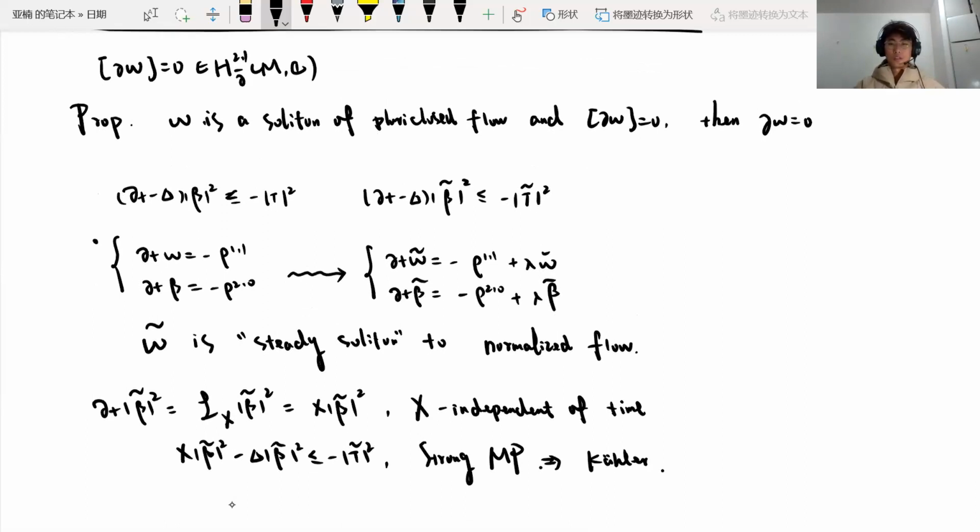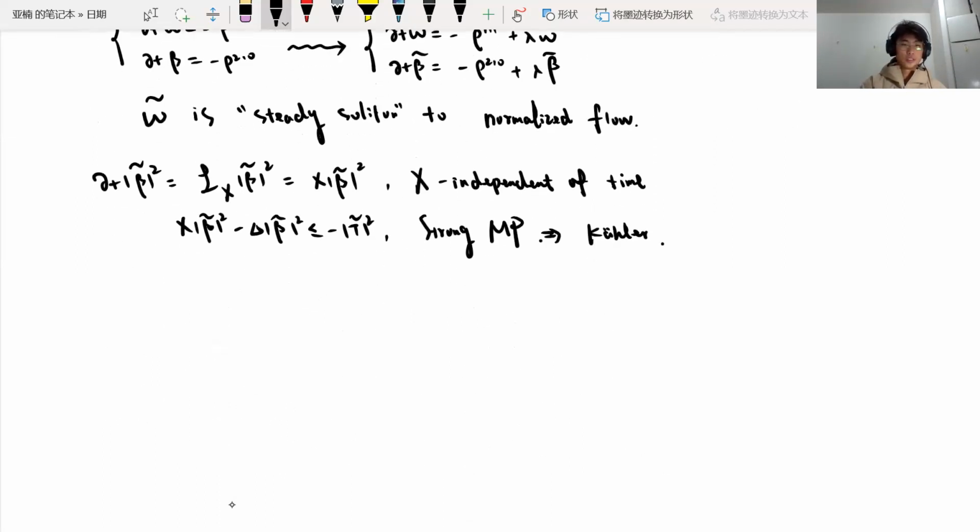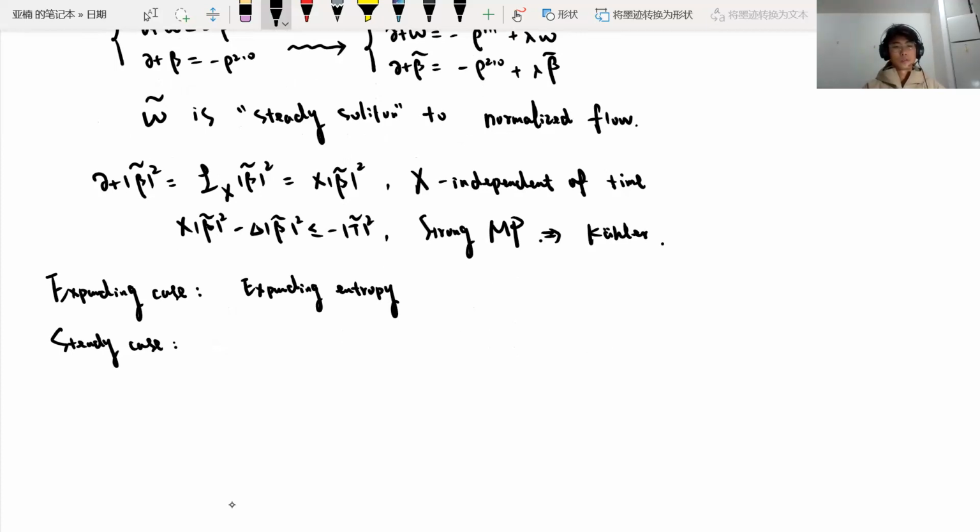For example, in the expanding case, since we have the expanding entropy defined by Streets and Tian for generalized Ricci flow, all expanding solitons are trivial, which means H is zero or is Kähler. And in the steady case, from the definition and a result of Professor Streets, we know that the steady soliton must satisfy this equation, where H is the Bismut torsion.